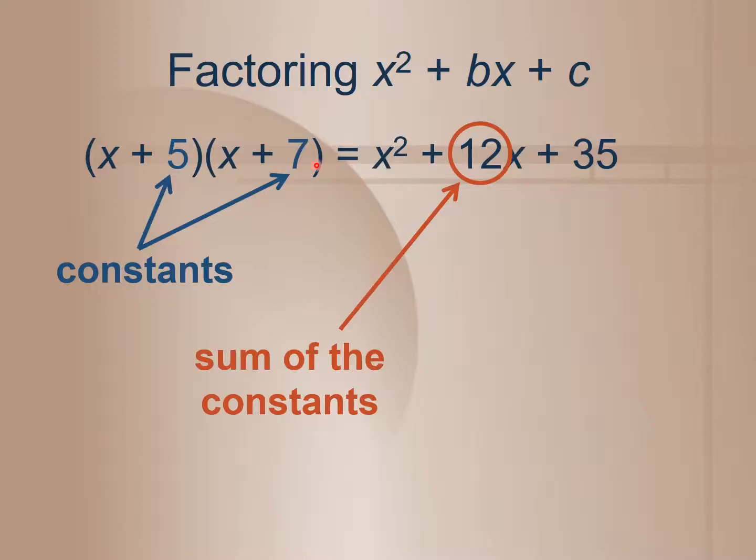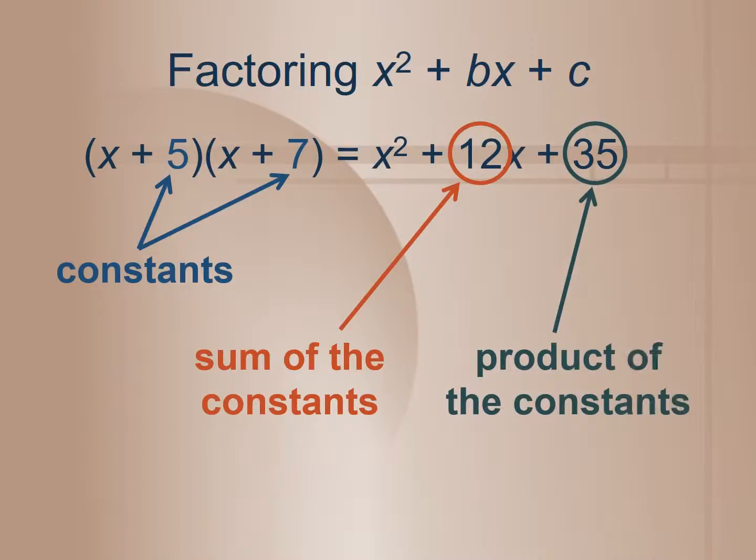So again, the number in front of x is going to be the sum of the constants, whereas your c value is the product of the constants. So the b value is the sum of the constants, and the c value is the product of the constants. Remember, sum means to add, and product means to multiply.